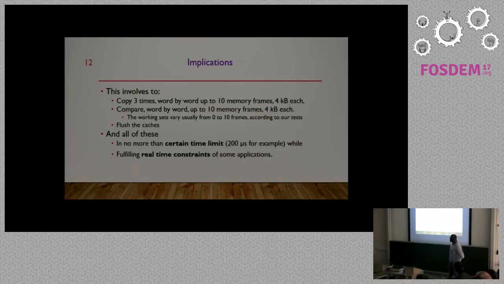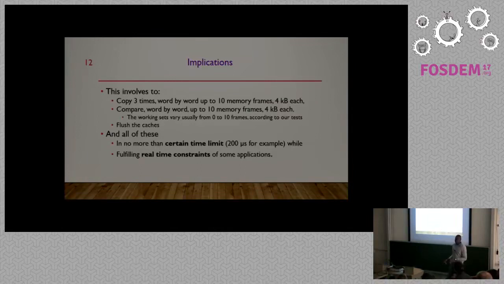To do this work, it happens that for each page that the process will modify, we have to make 3 copies. The same thing for the comparison. We'll also do comparison. And sometimes we notice that during its execution, the process may modify up to 10 memory pages or memory frames.